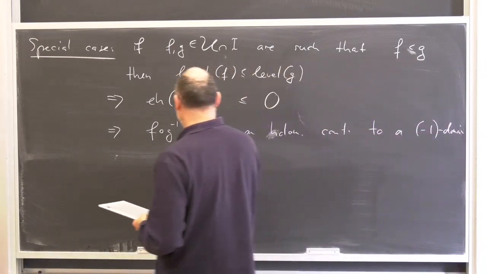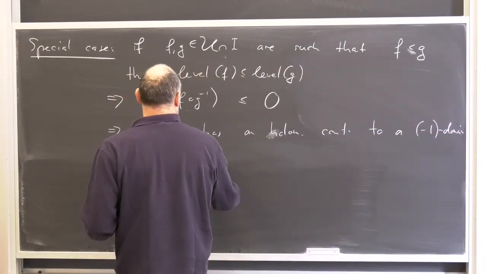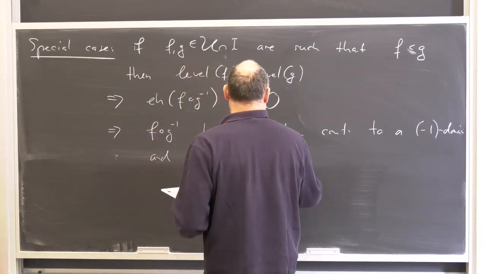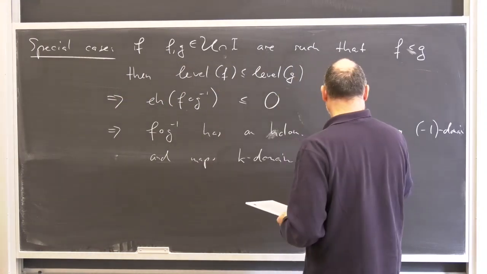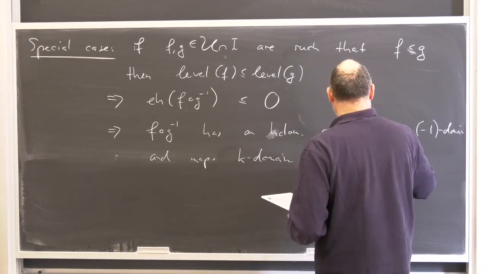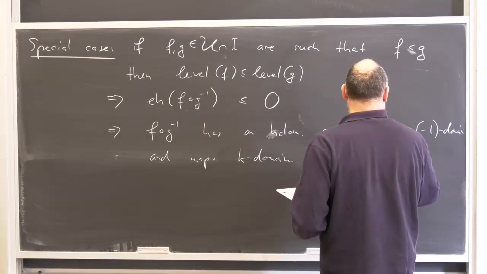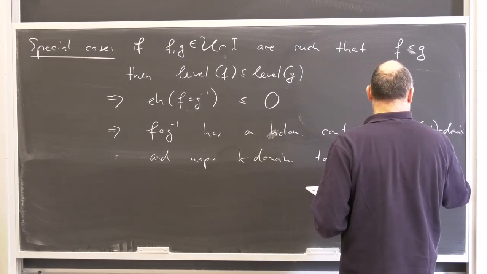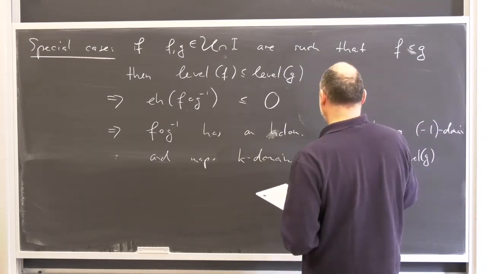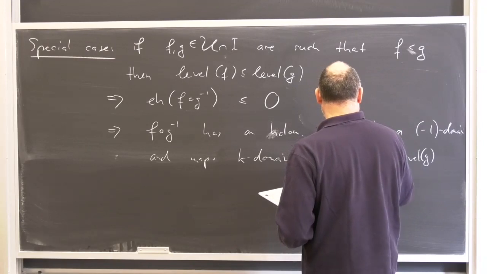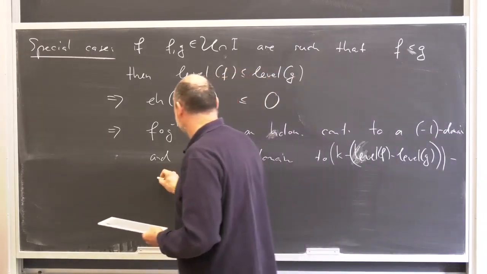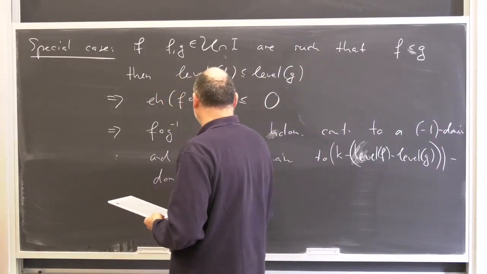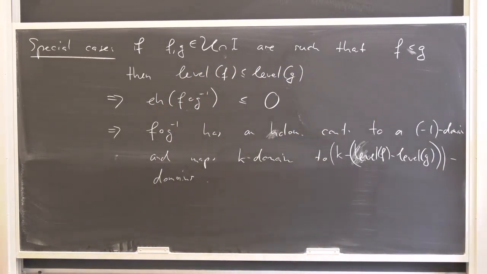But it maps k domains to k minus, sorry, k minus the level of f minus level of g domains. Okay, yes. The angular level of this extension is the level of f minus the level of g.